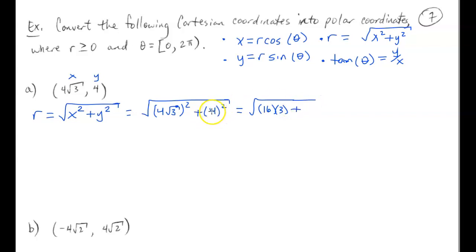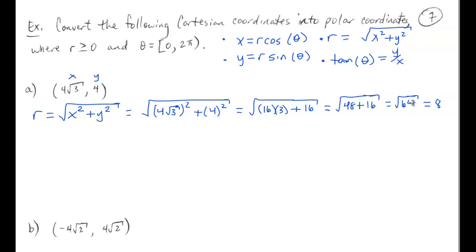And then, of course, 4 squared is 16 again. And we could look at this like 48 plus 16, which is going to be 64. And of course, square root of 64 is 8. So we know what our radial coordinate is now.